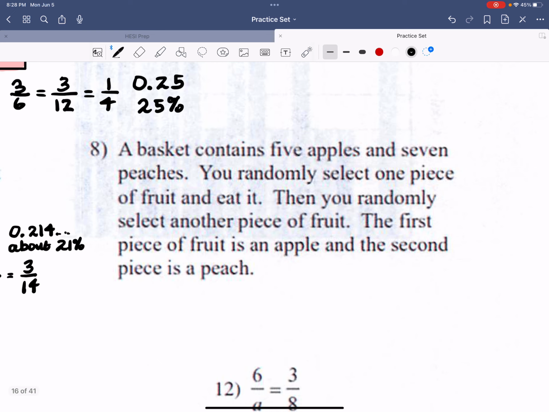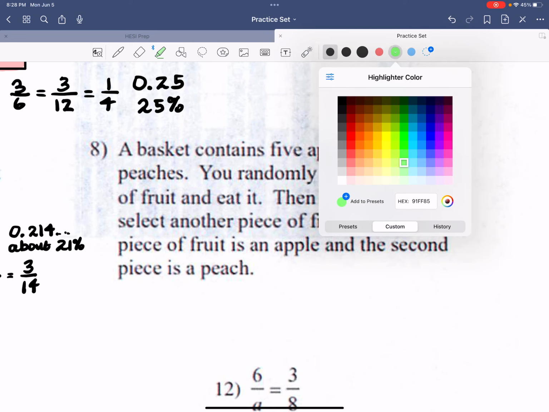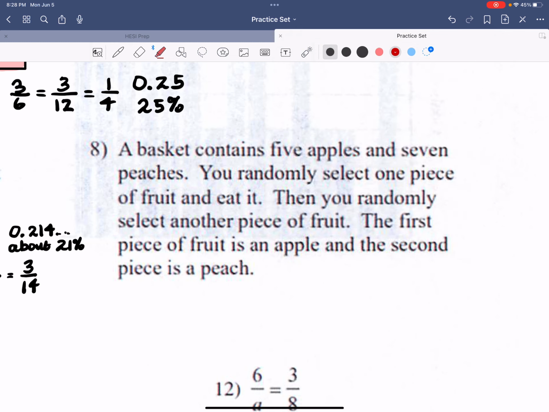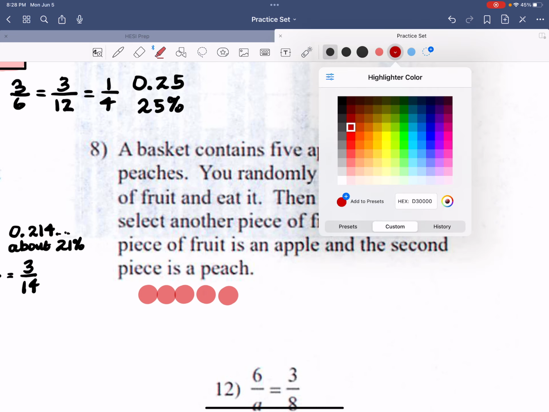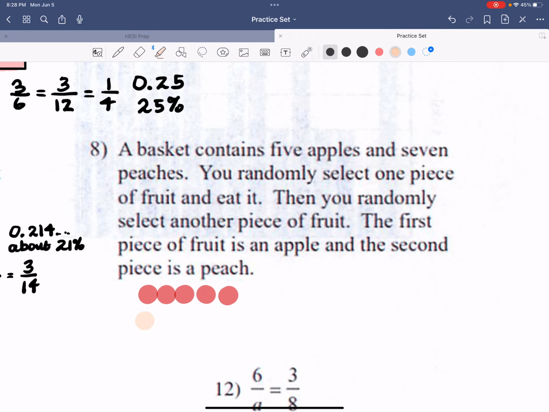And number 8. A basket contains 5 apples and 7 peaches. So you know what I'm going to do. 5 apples. 1, 2, 3, 4, 5. And then peaches. I'll use orange for that one. 1, 2, 3, 4, 5, 6, 7 peaches.